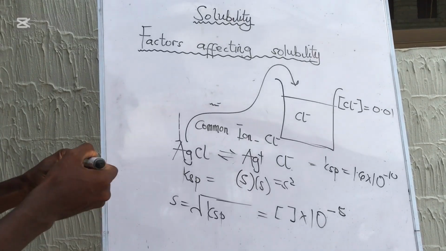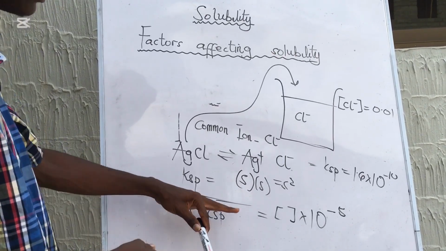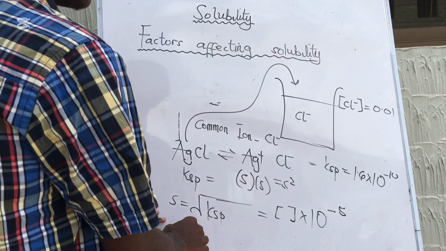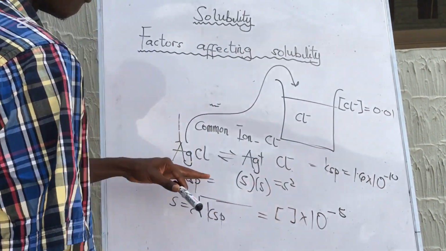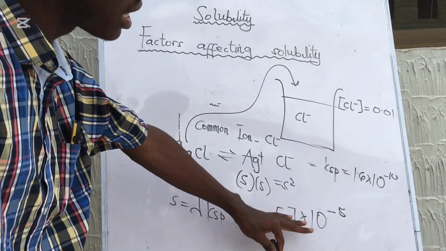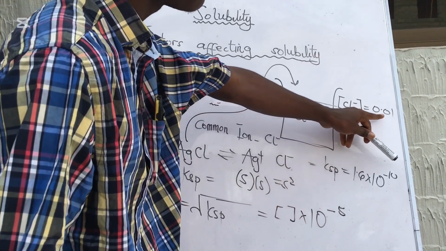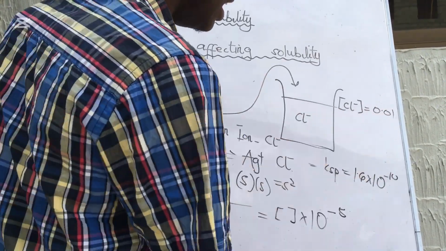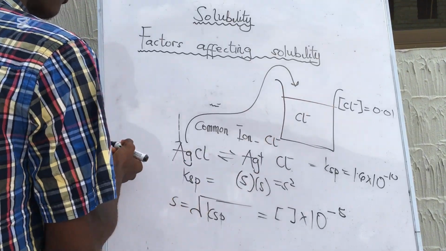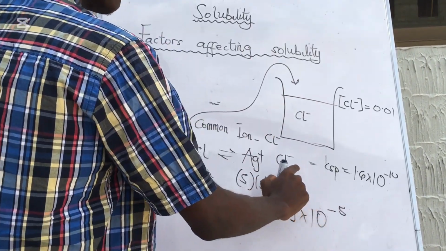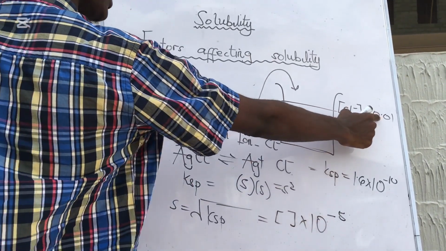So the concentration of Cl minus from the salt is something times 10 to the power negative 5, and this one is 0.01. If you add these two, you are still going to get what? 0.01, because this value is very small, that if you add this S to this, you are still going to get 0.01.